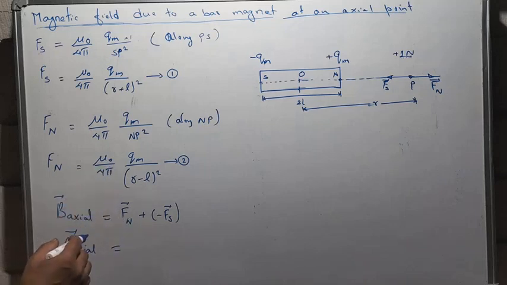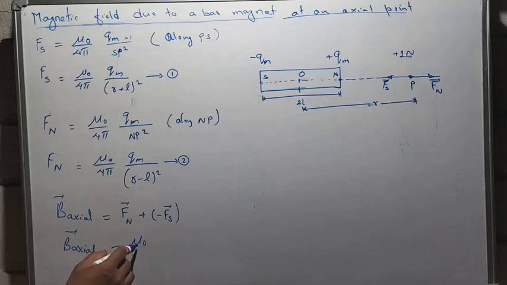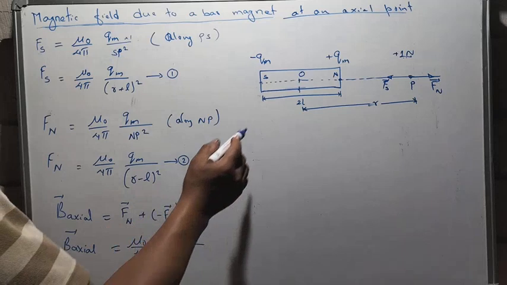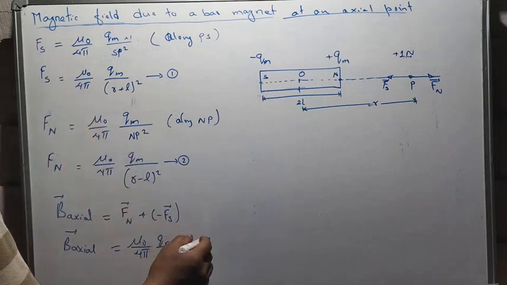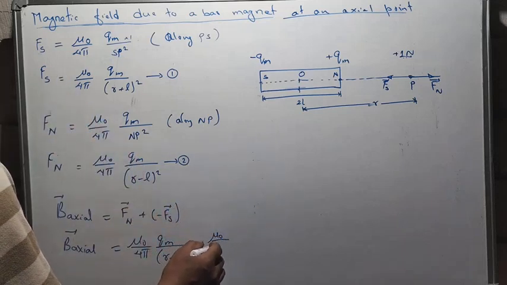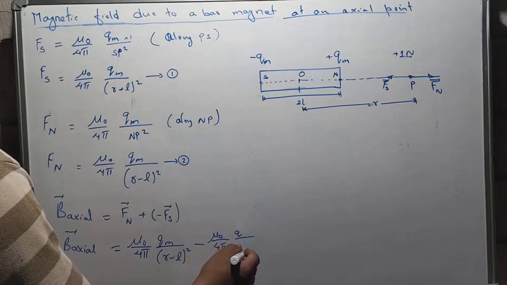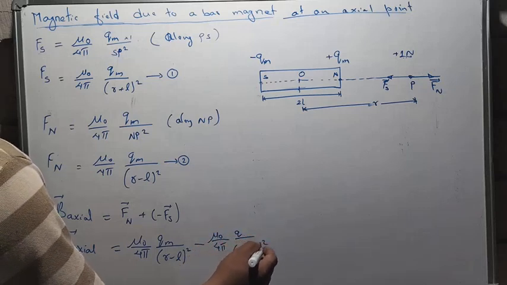Substituting the value of Fn, which equals mu naught upon 4 pi Qm upon r minus L whole thing squared, and plus times minus will be minus. Instead of Fs, I will write mu naught upon 4 pi Qm upon r plus L whole thing squared.